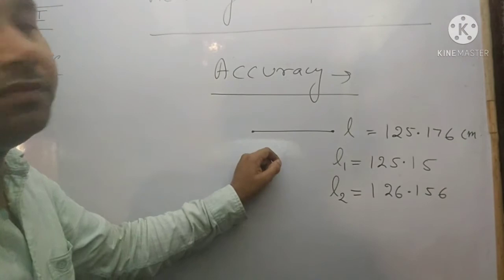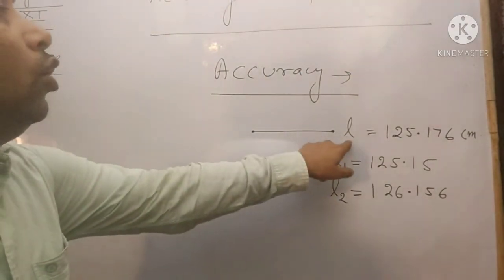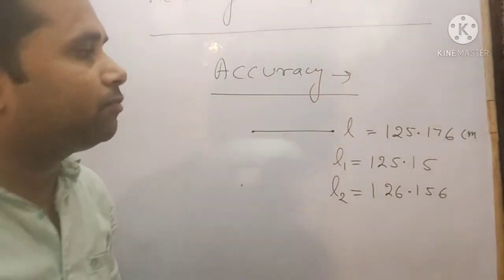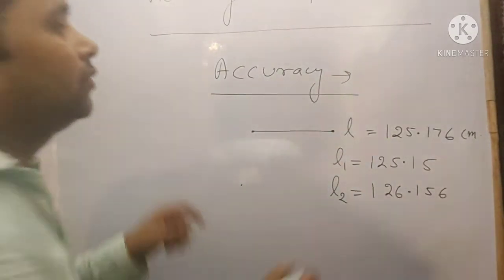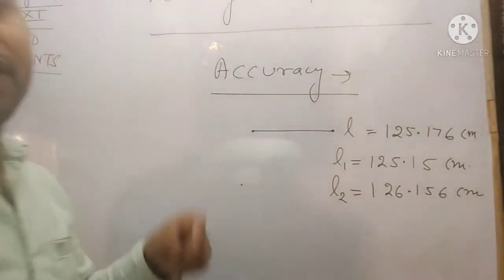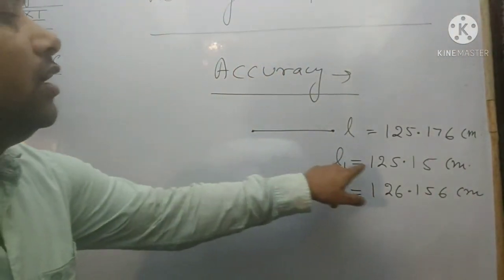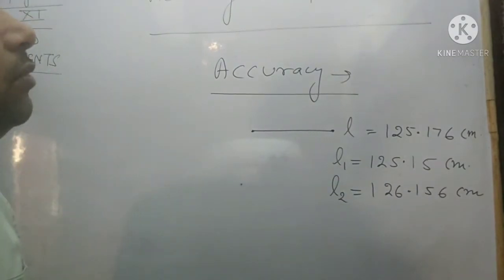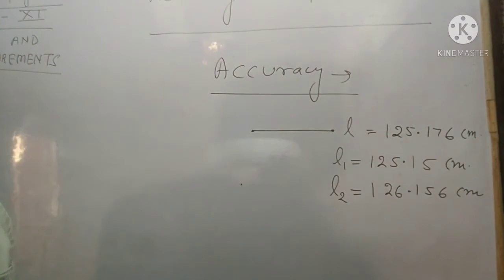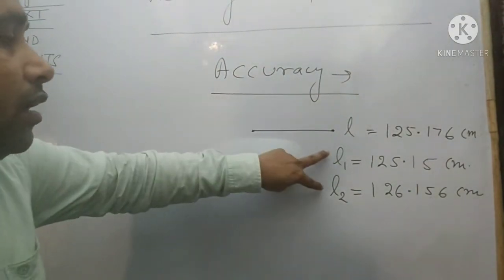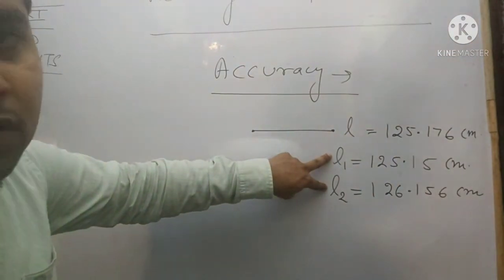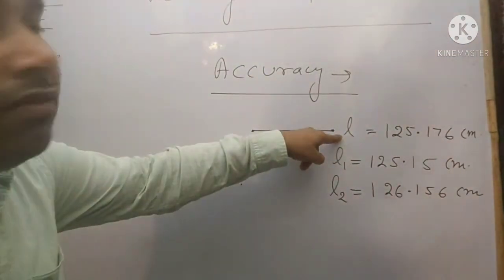See here the example. The original length of the rod is 125.176 centimeter, and the two observations are with two different instruments: L1 is 125.15 centimeter and L2 is 126.156. Between these two observations, which one is closer to the true value, the original value?